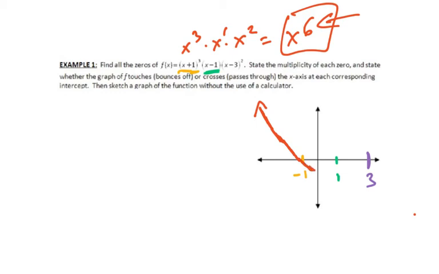Then we'll slowly have it come back, and then it hits x minus 1, which is the green. Now again, x minus 1 has an odd index of 1, so that will also cross. And the interesting part is that the last one is even. When it's even, it bounces. So your picture should look something like this.